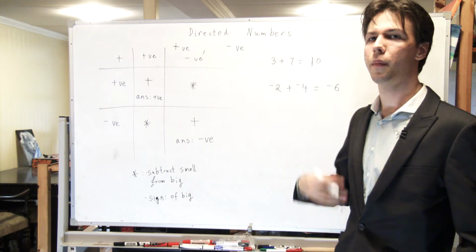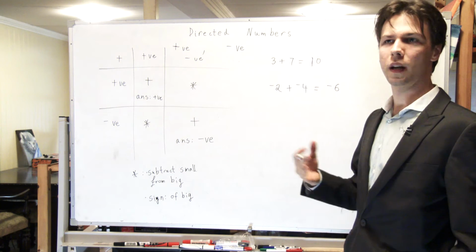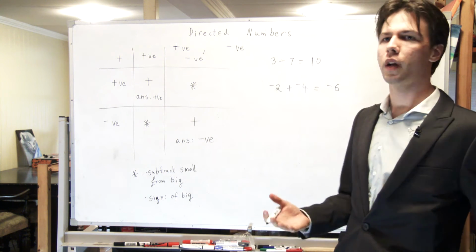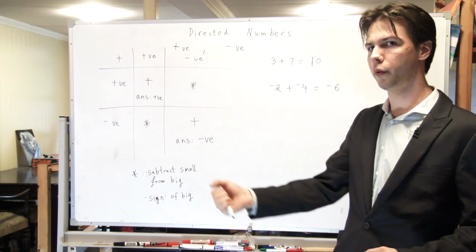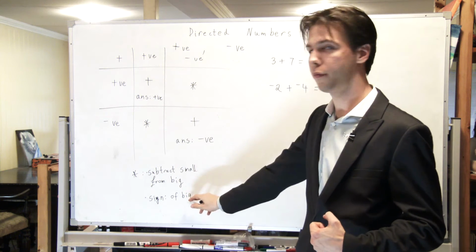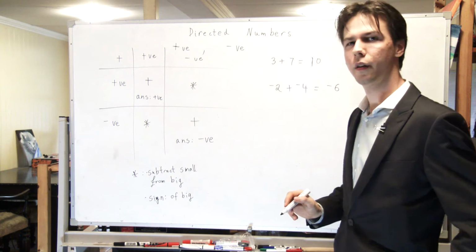You're going to have a small number and a big number when you ignore the positives and negatives. What you do is you subtract the small number from the big number. Take the small number away from the big number, and your answer takes the sign of whatever the bigger number was. Here are some examples.